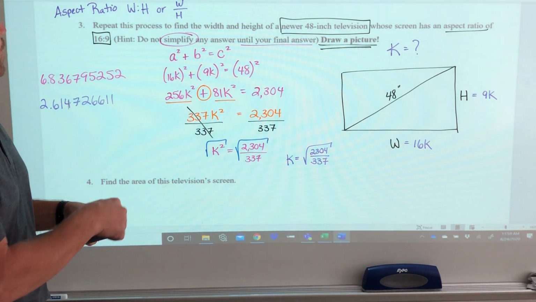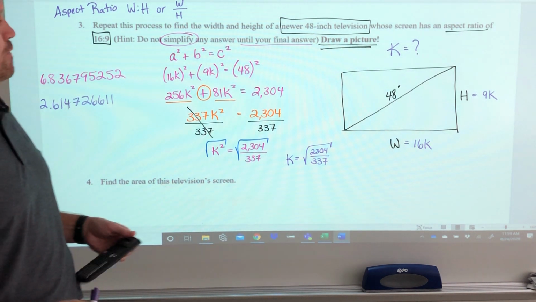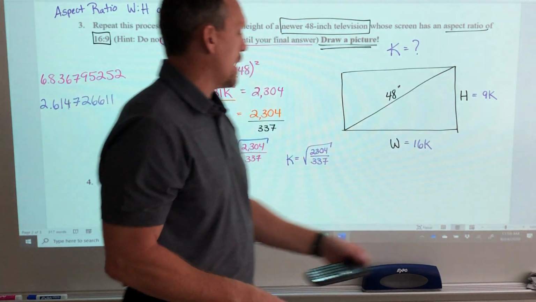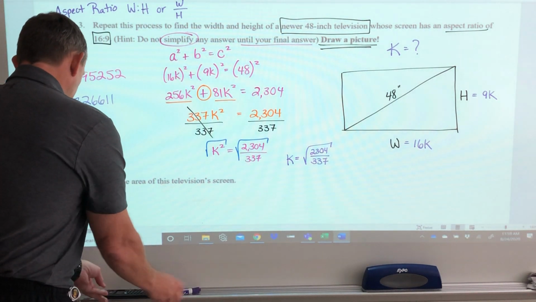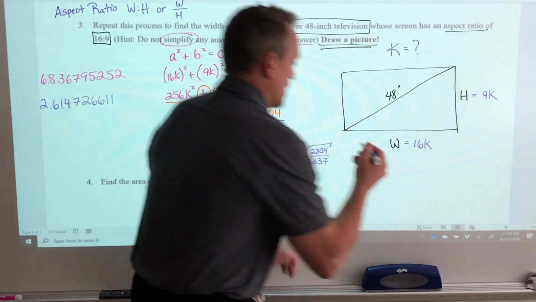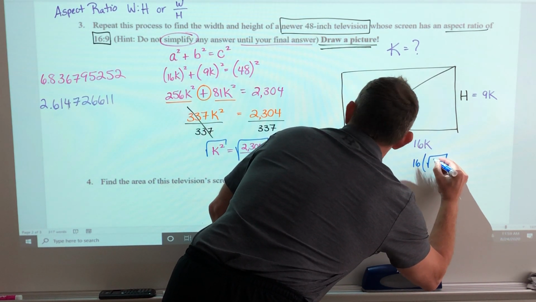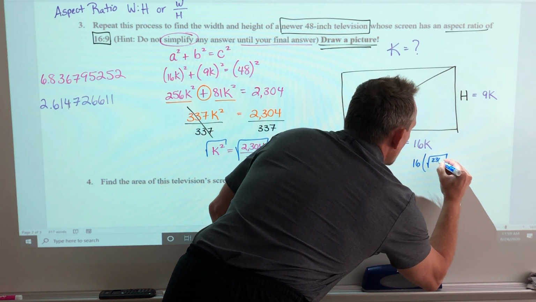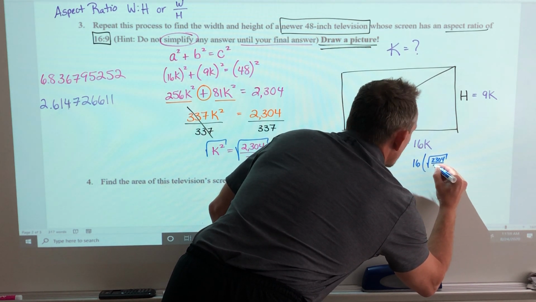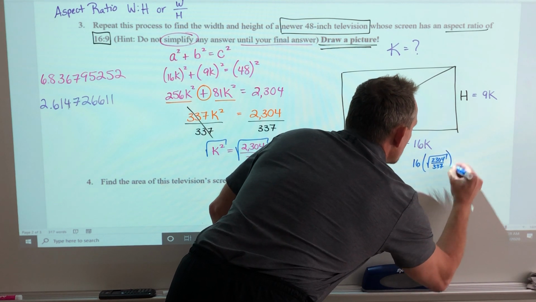So if I'm looking for, repeat, so I'm looking for what's my width and my height. So basically, I'm just going to say 16 times the square root of 2304 divided by 337.